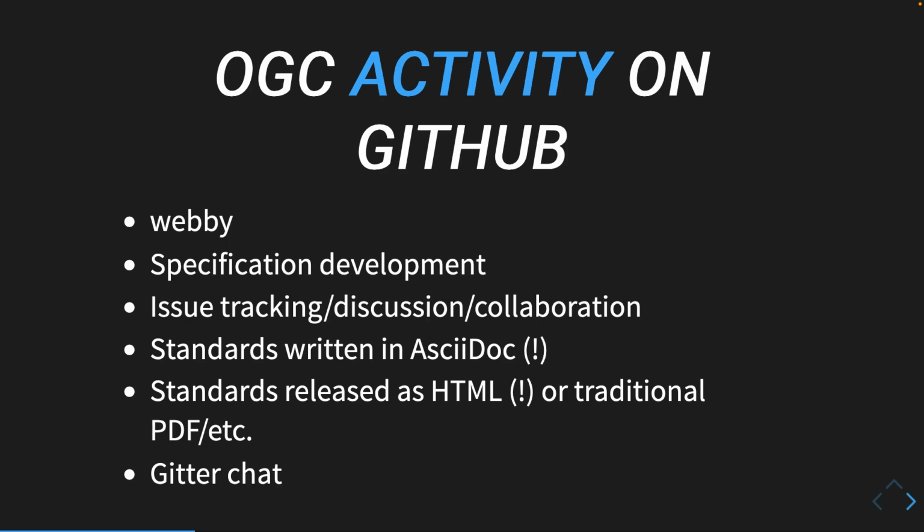A number of the standards also have associated chat rooms or Gitter chats, or the OGC Discord channel, so you can interact with the leads of the specifications, as well as implementers of those specifications, whether it's clients, servers, parsers, serializers, and so on. This happens in the OGC Discord, in Gitter, as well as at these OGC API sprints that have been happening through the late 2010s.